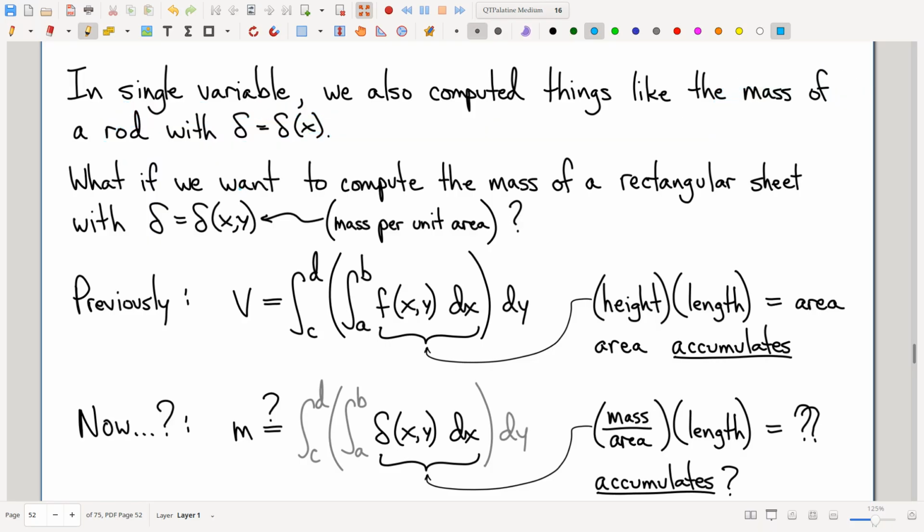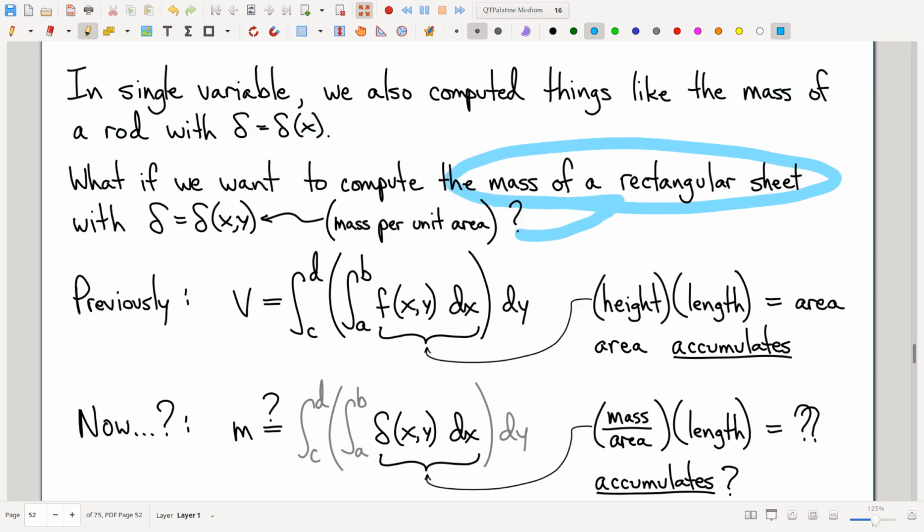I wonder if that pattern continues. What if we have a two-dimensional rectangular sheet? It's kind of a two-dimensional analog of a rod of non-constant density. It would be a sheet of non-constant density. And golly, in single variable, how much area under the graph and what's the mass of a rod, they use the exact same construction.